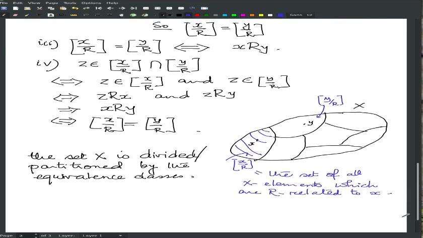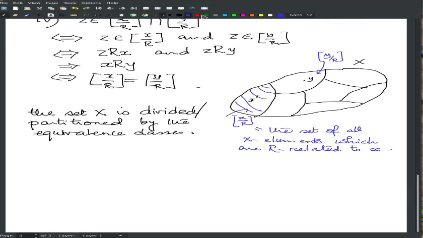So let's take an example and then it will get clear. Let's take the set Z of integers. Okay?